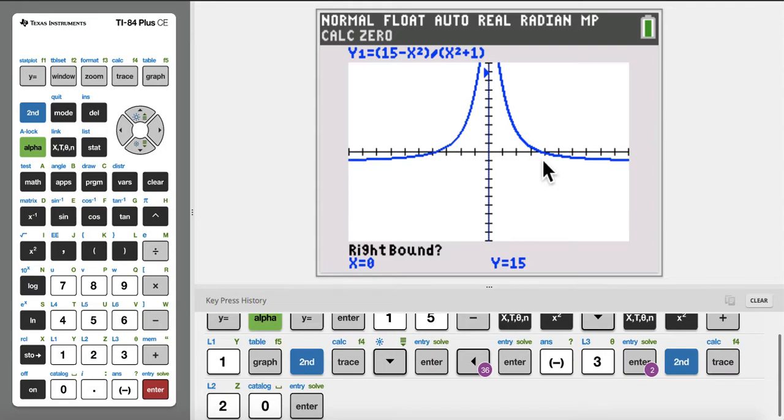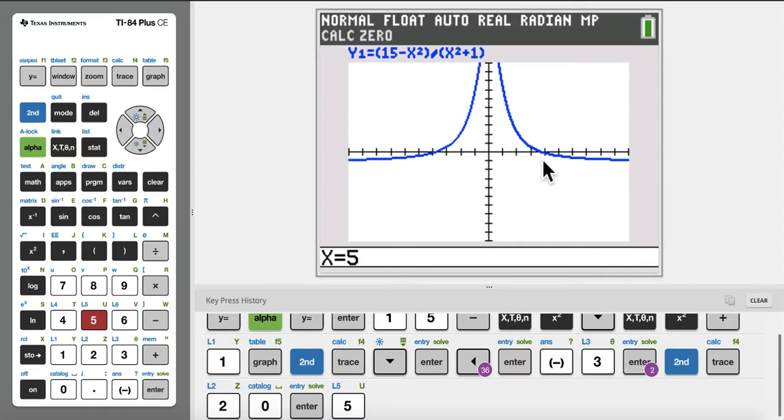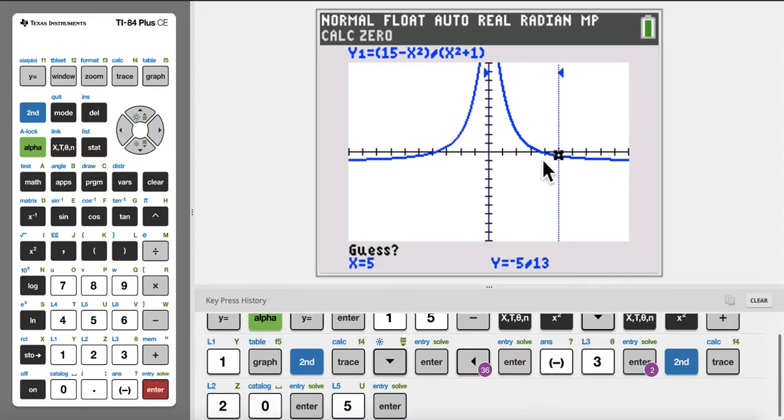Then it asks for the right bound, so we need to get to the right of +4. So a number like 5 would work. Now our calculator is only going to look between 0 and 5 to find that x-intercept. So we hit enter one more time for our guess, and there we find our x-intercept to be 3.872.